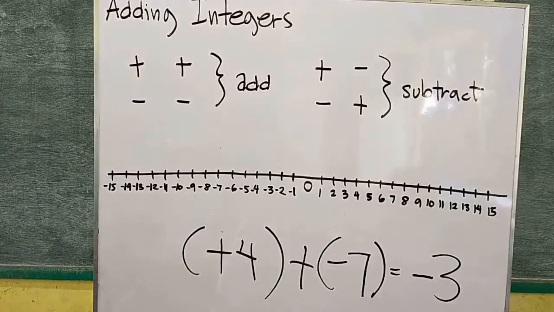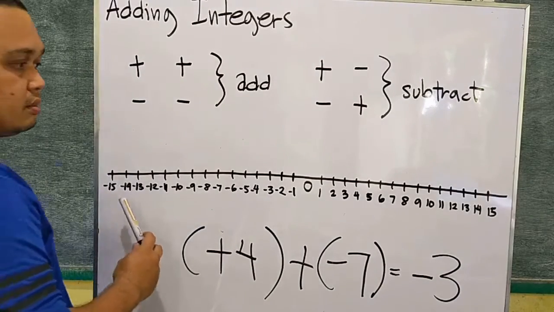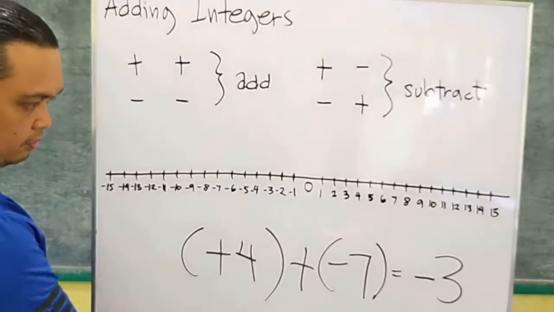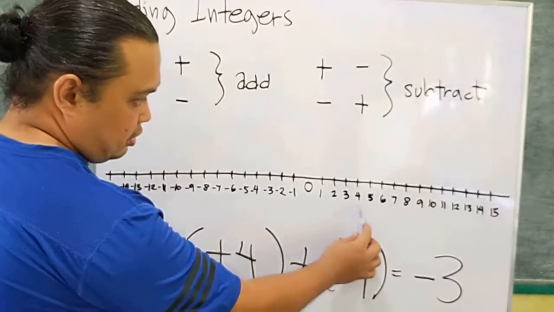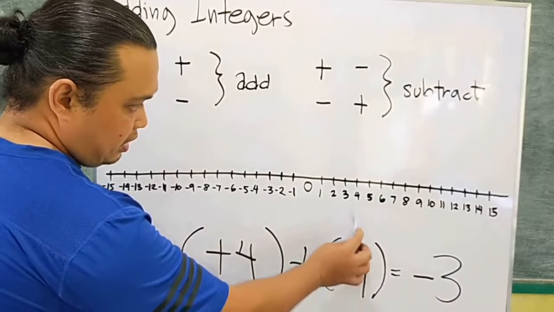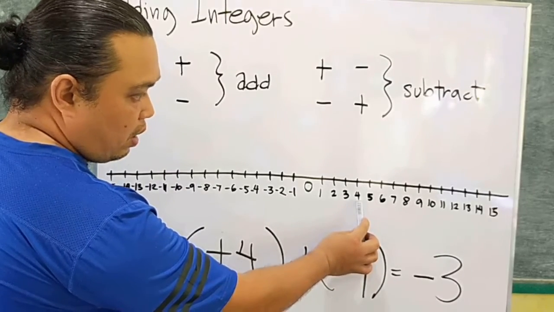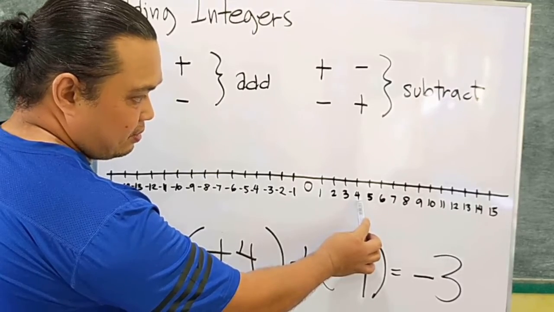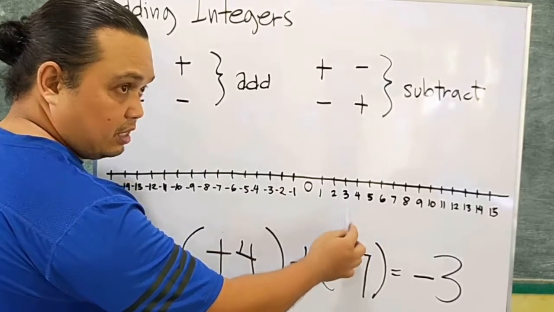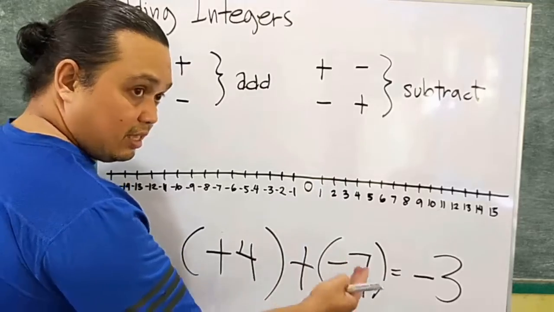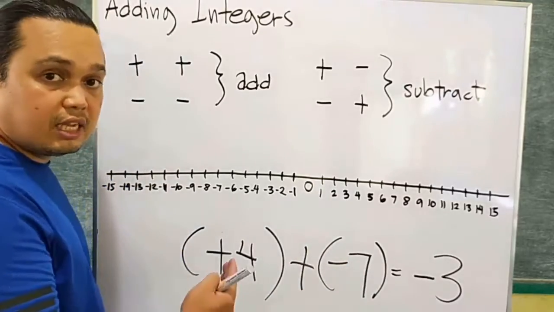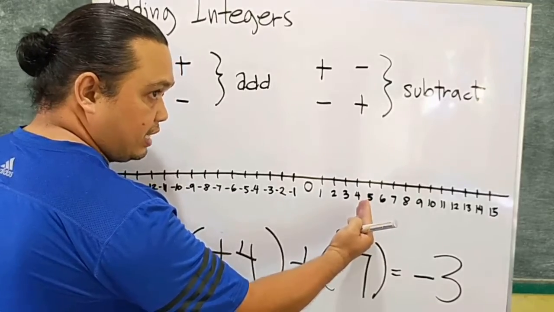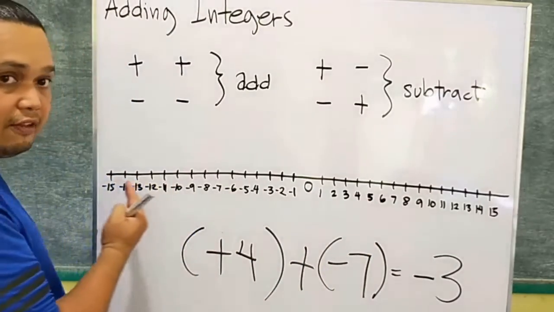Now, let's check that with our number line. Positive 4 is here on our number line. And we are adding negative 7. We are adding a negative to a positive. Therefore, because it's negative, we have to move 7 steps to the left.